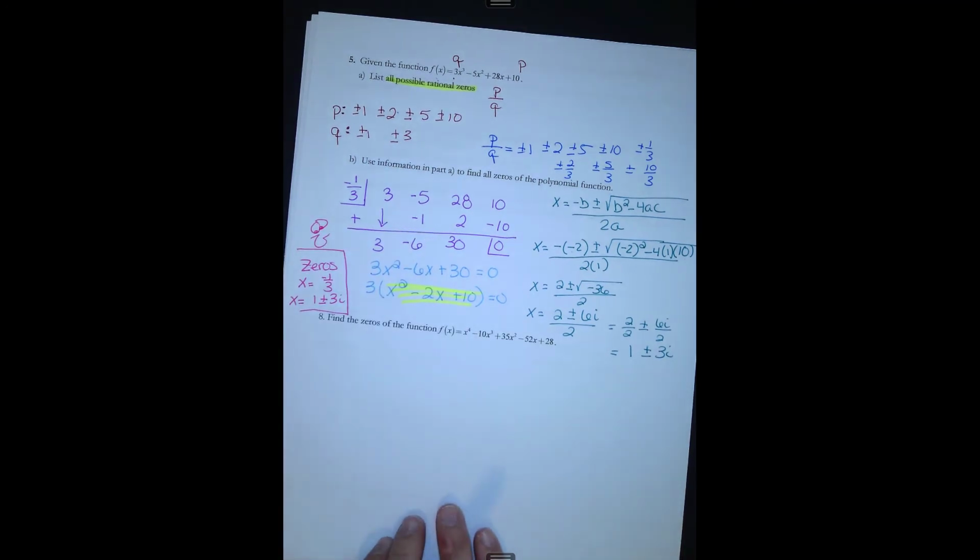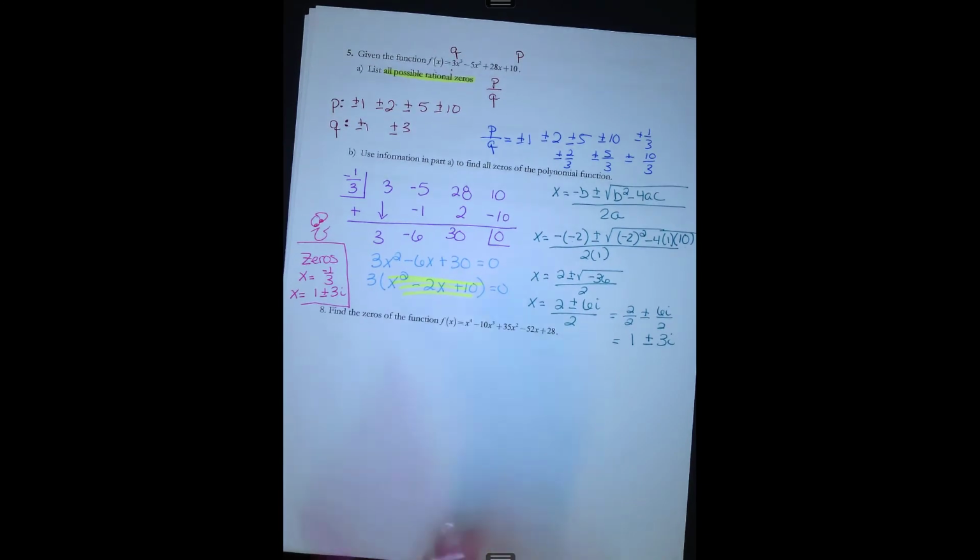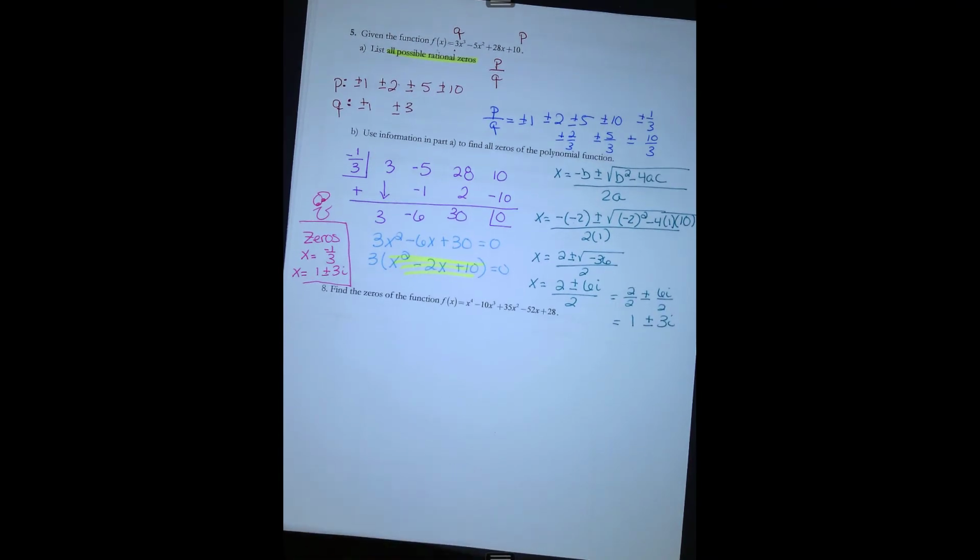And then number 8 is, sorry, wow, big typo, 5 to 8. But no, the next one happens to be done the exact same way. But notice we are no longer starting with p over q. And it says find the zeros of our function f of x equals x to the fourth minus 10x to the third plus 25x squared minus 52x plus 28.